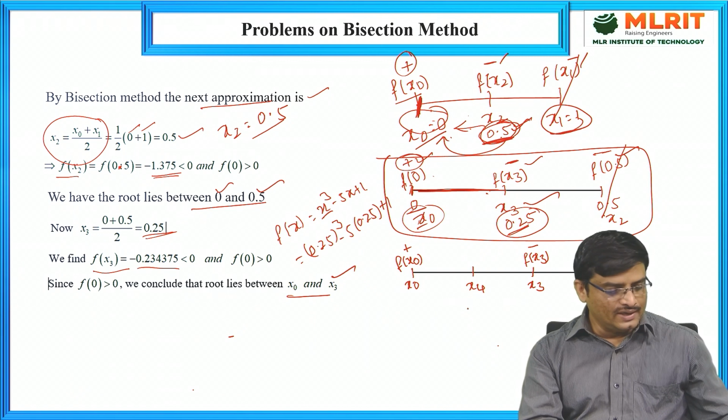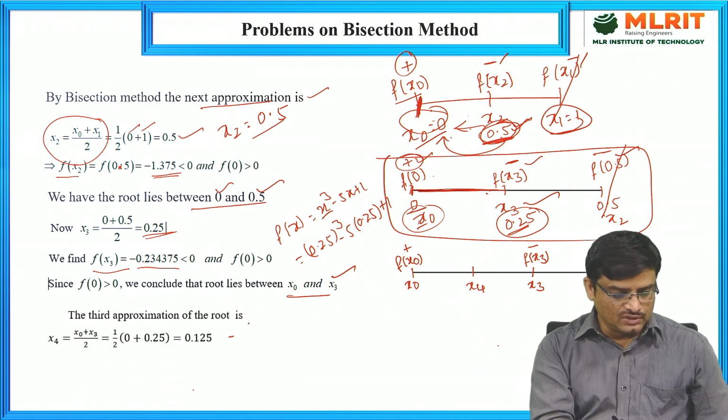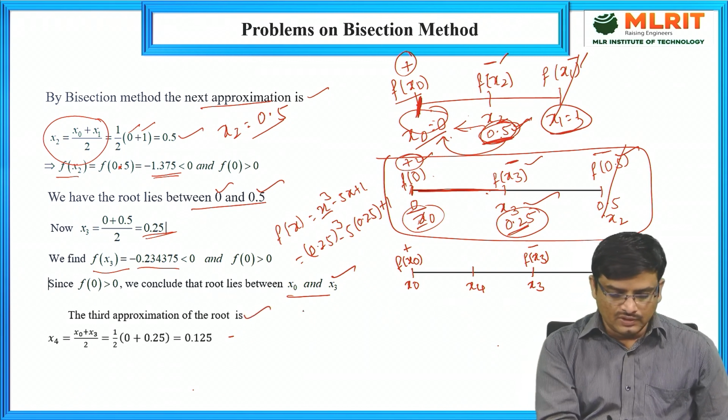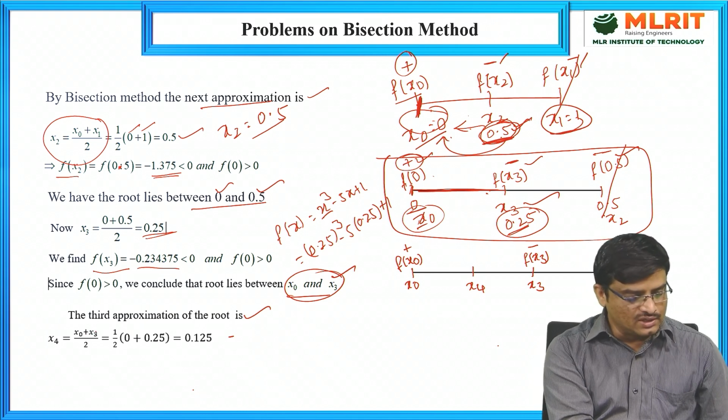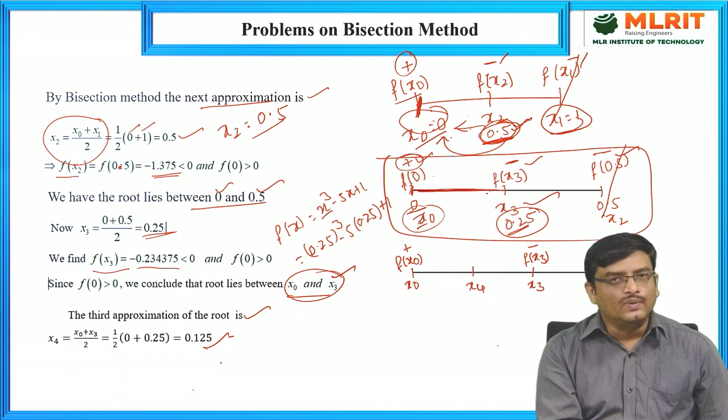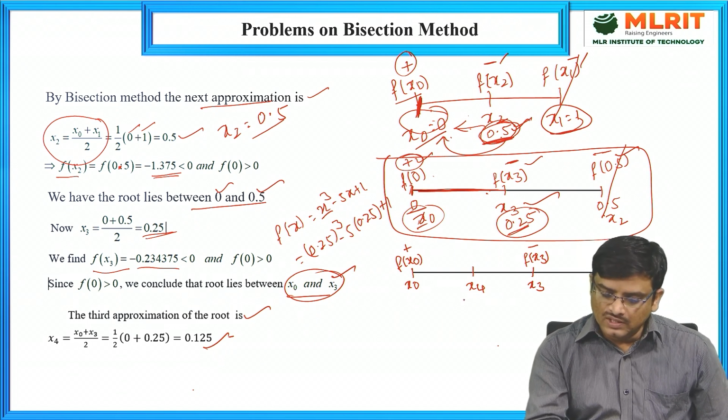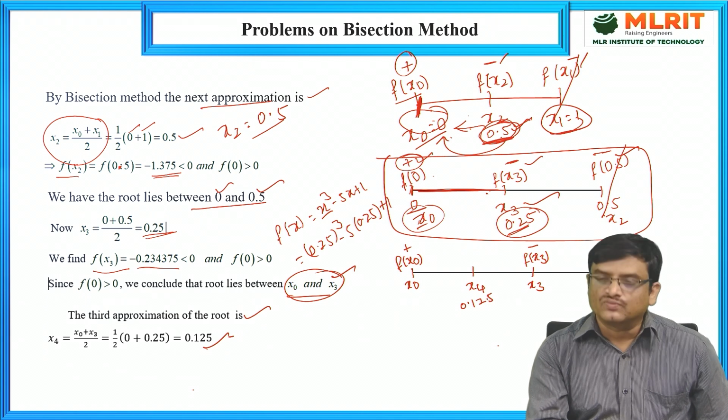Now you calculate this, following the same procedure. We have taken the statement that the root lies between x0 and x3, so take the average of x0 and x3, and you will get 0.125. This is our x4 value.